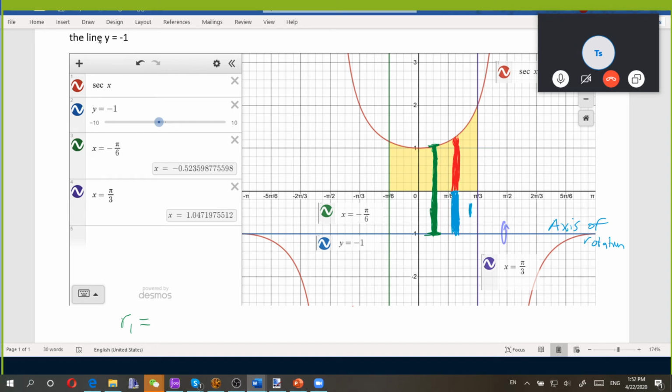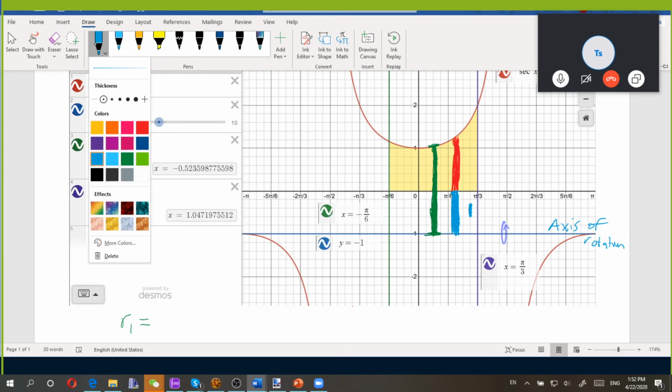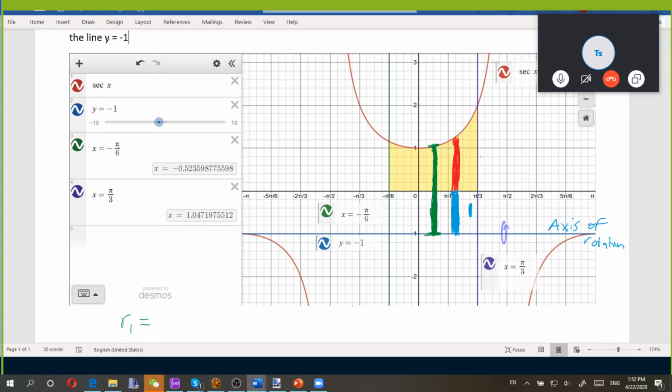Okay, so if this blue line is 1, and this red line is, we said, secant of x, then what's the total distance here in green? 1 plus secant x.